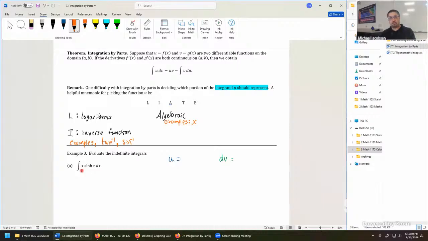That means if x occurs, that's probably the best choice for you in integration by parts. If it's maybe x squared plus 3x plus 4, that's a more built up algebraic form, same kind of idea. Then down the line, you can probably guess what T stands for. T is just going to be trigonometric.